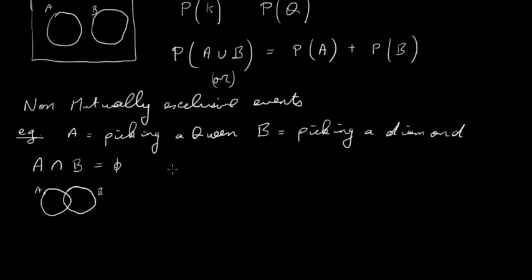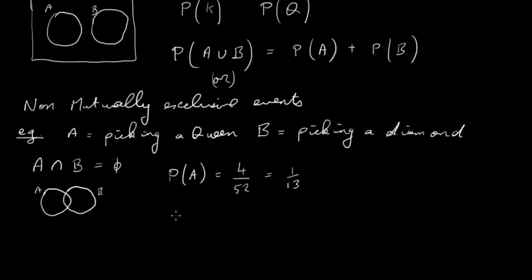We have, let's say, the probability of picking a queen is A here. So the probability of A happening is going to be the probability of picking a queen. There are 4 queens in a pack of cards, so you're looking at 4 over 52. 4 queens, 52 cards in total, so that's 4 over 52, which is 1 over 13. So the probability of picking a queen is 1 over 13.